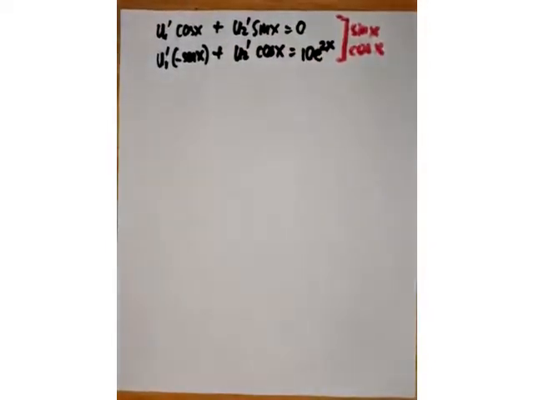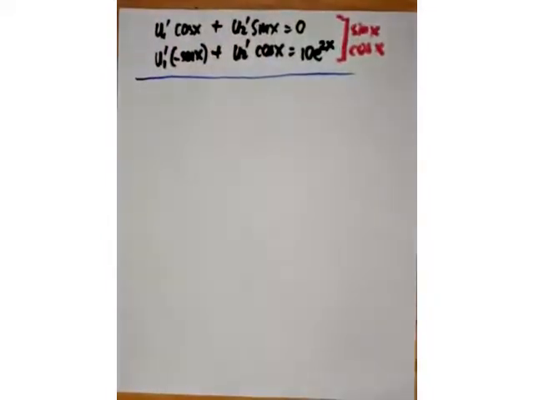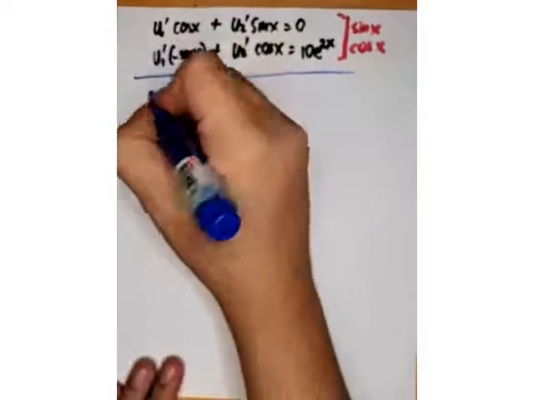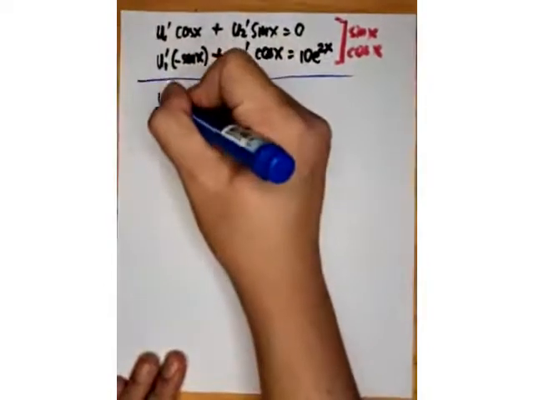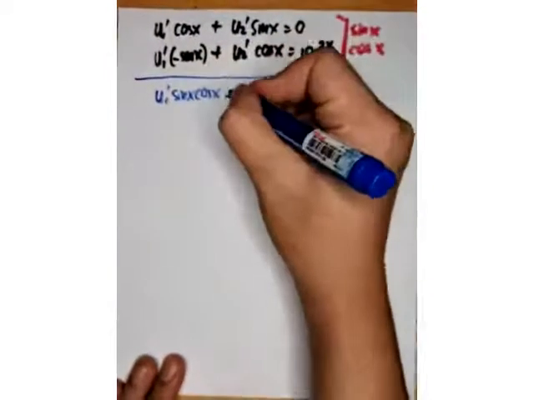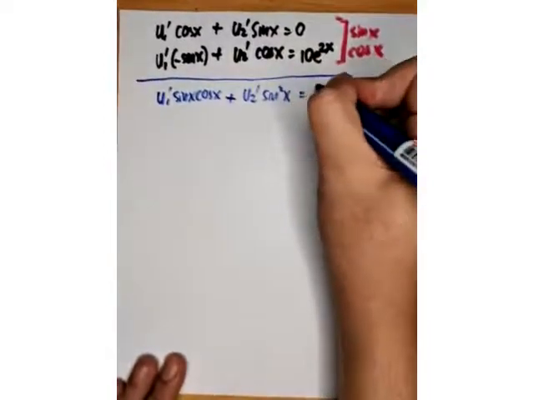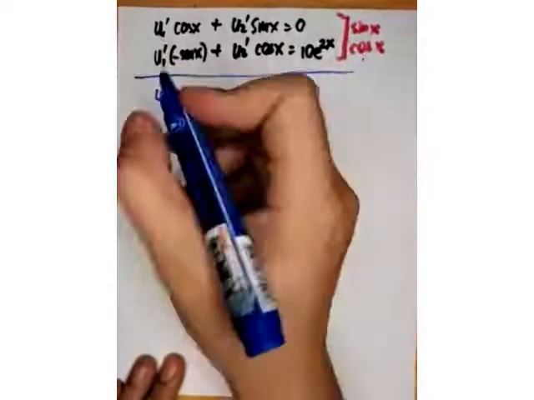Ayan. So let's multiply them. So I will have u1 prime sine x cosine x plus u2 prime sine squared x is equal to 0. And then ito, multiply doon.